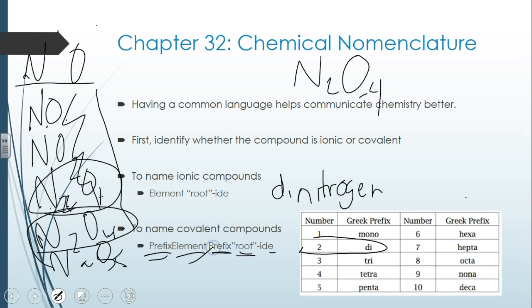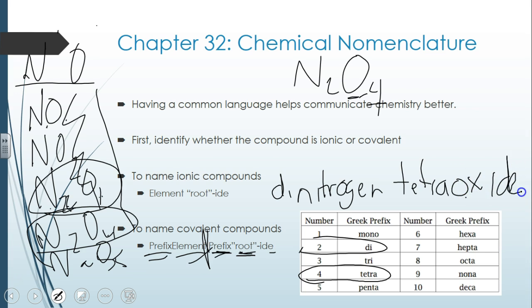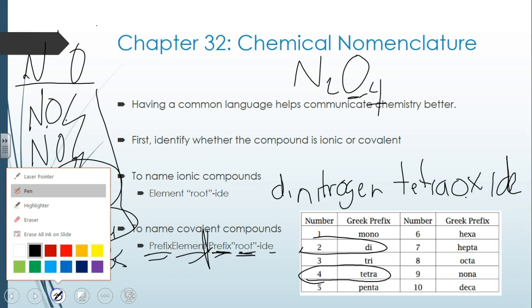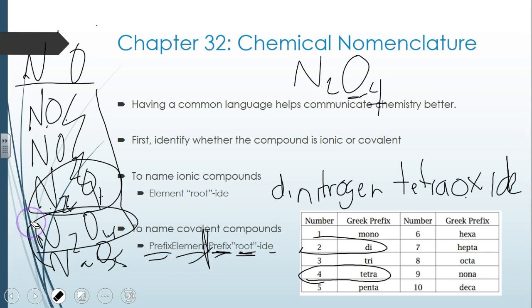Prefix, element, and now we have a space. Now we do the prefix. What's the prefix for four? Tetra. So we do tetra, and then the root of oxygen is ox, and then end it with "ide," tetroxide. This is another one of those where, when you don't shorten it, it ends up being tetraoxide, with an A in there.